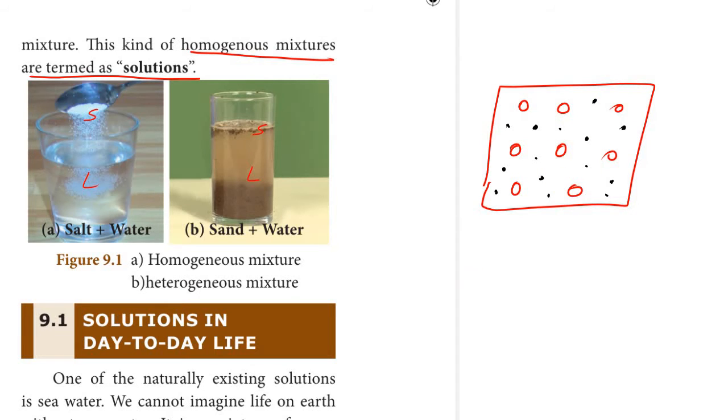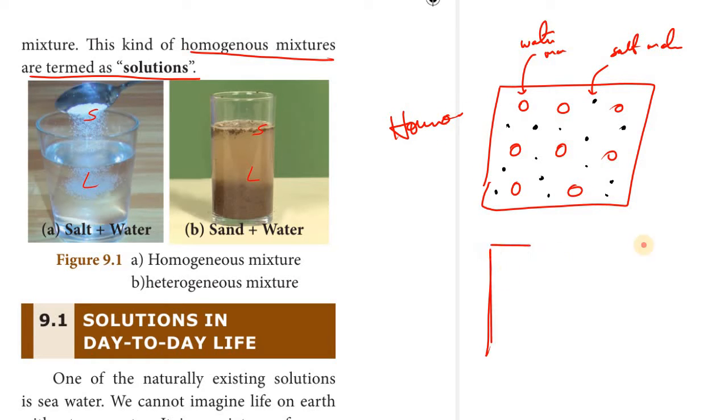Now instead of this, what we see in the case of sand is something different. This is your salt molecule and this is your water molecule, right? And this is a homogeneous mixture.